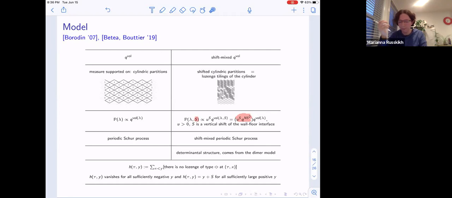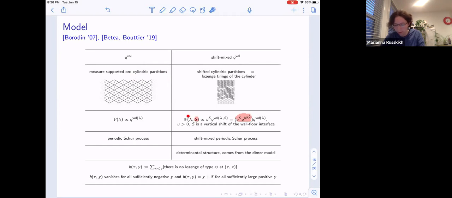And the point process which is naturally associated to this cylindric partition requires nontrivial shift mixing to be determinantal.